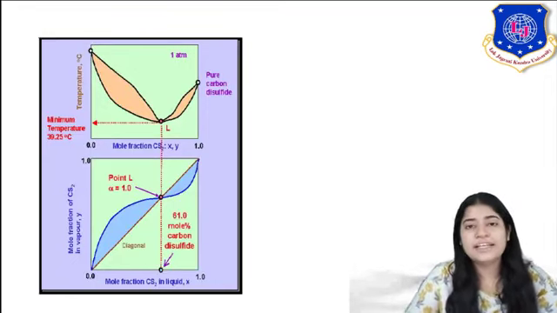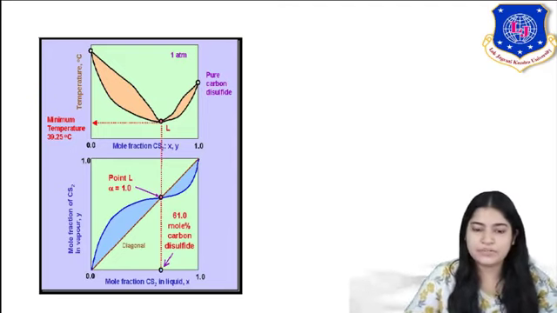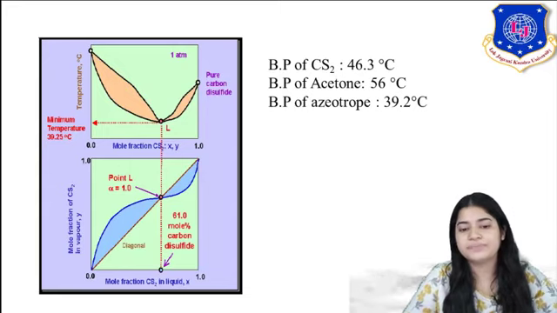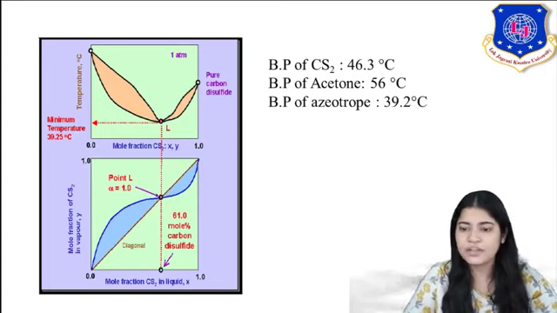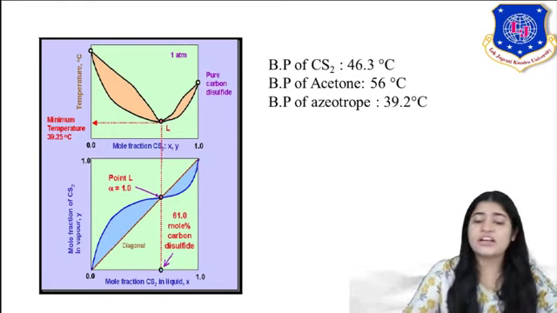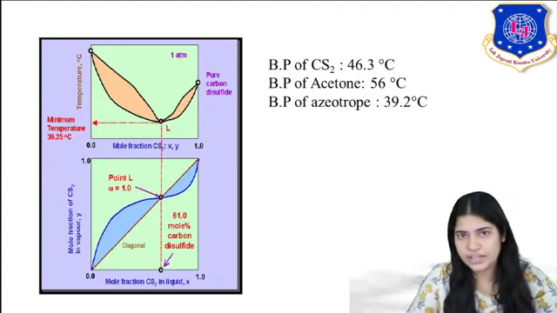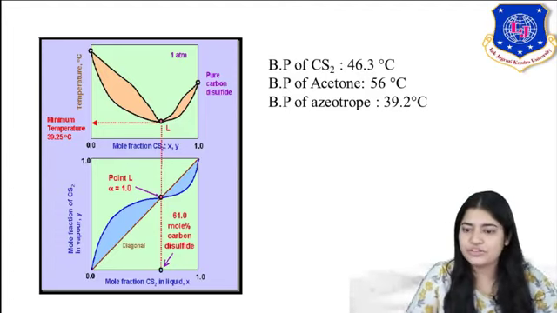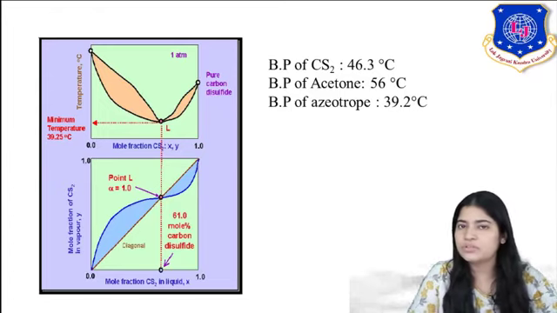Now, relating this TXY diagram with the XY curve, the equilibrium curve. The boiling point of carbon disulfide is 46.3 degrees Celsius. Boiling point of acetone is 56 degrees Celsius. As it is a minimum boiling azeotrope, the boiling point of the azeotrope is now 39.2 degrees Celsius.